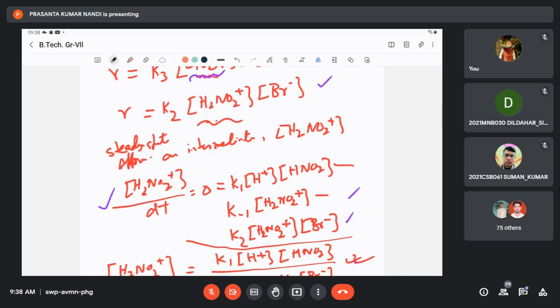In the first step, mind that it is reversible, so it is produced in the forward step and subsequently decomposes in the reverse step. And it also decomposes in the second step. So that's why we have written the rate of formation of this intermediate species H2NO2 plus like this.